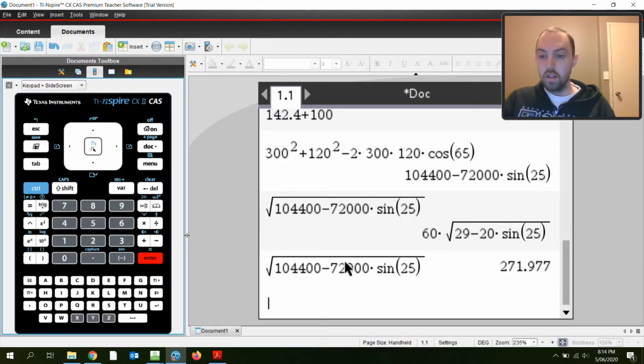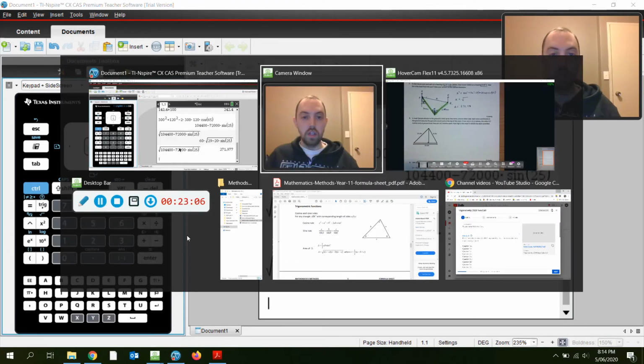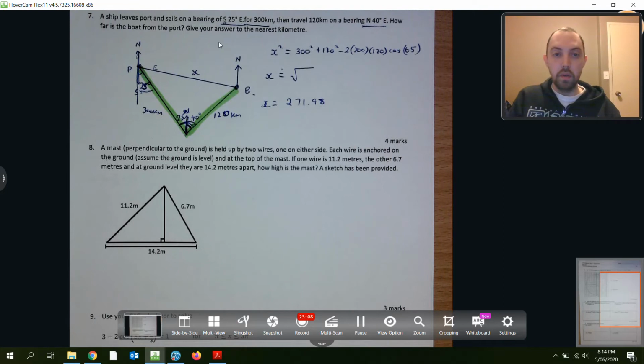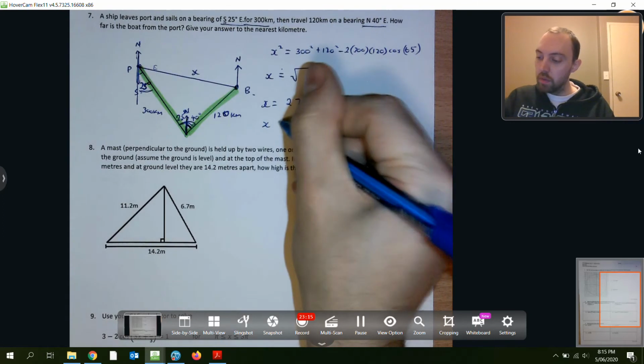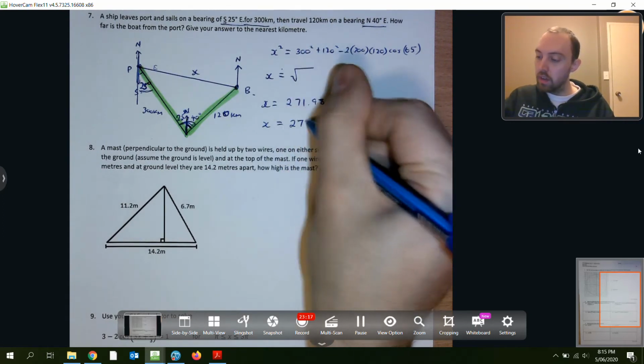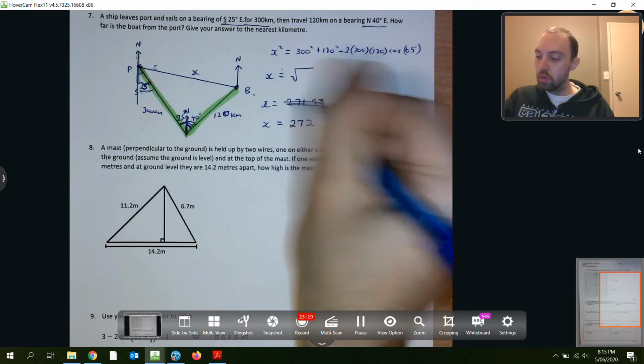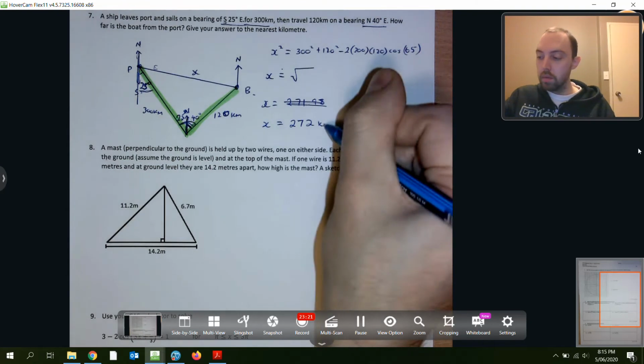So x is equal to 271.9798, but we want it to the nearest kilometer. So x would actually be 272 kilometers.